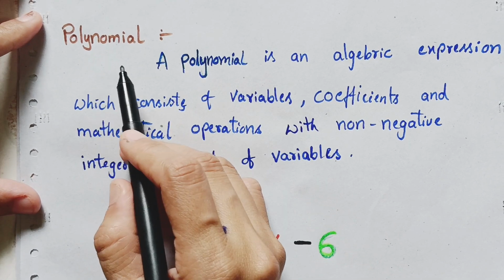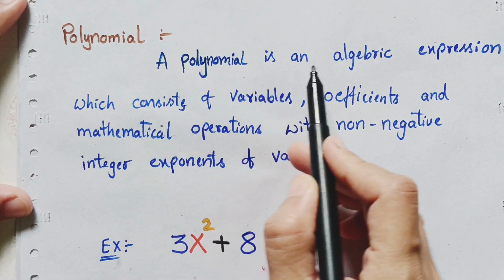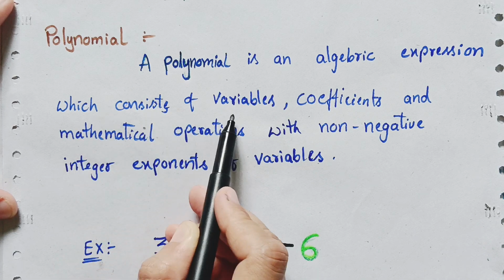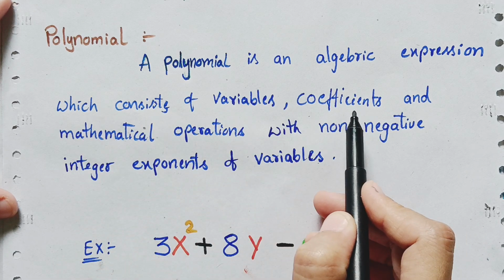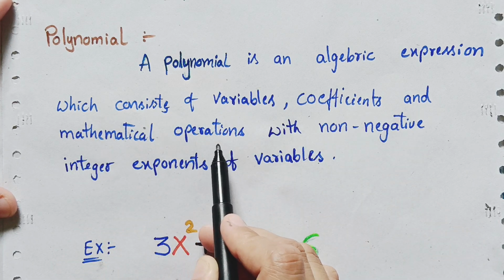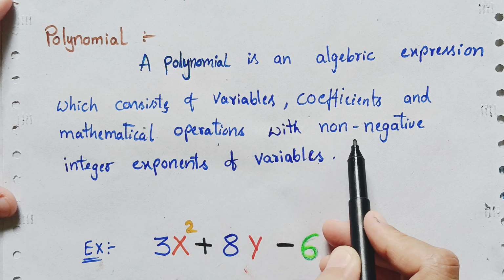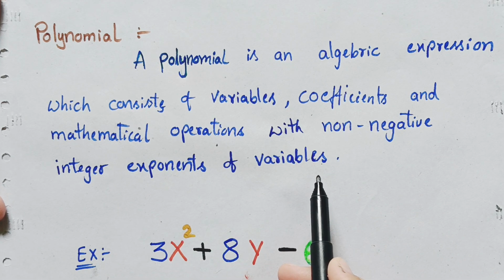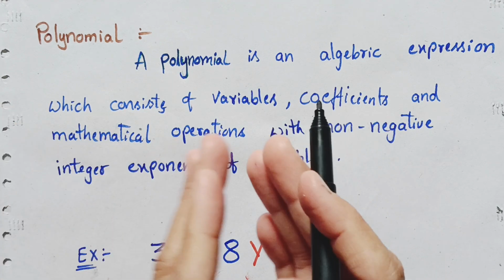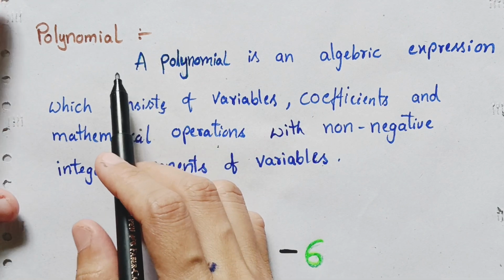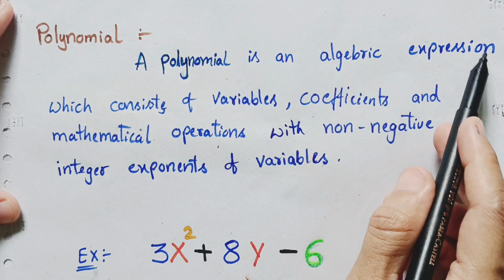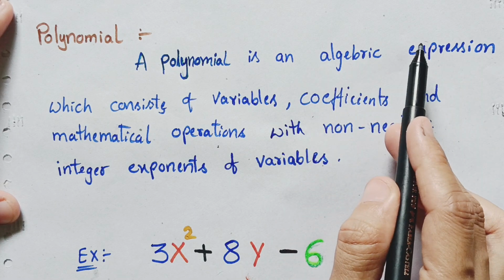So, what is a polynomial? A polynomial is an algebraic expression which consists of variables, coefficients, and mathematical operations with non-negative integer exponent of variable. It means polynomial is an algebraic expression. What is an algebraic expression?